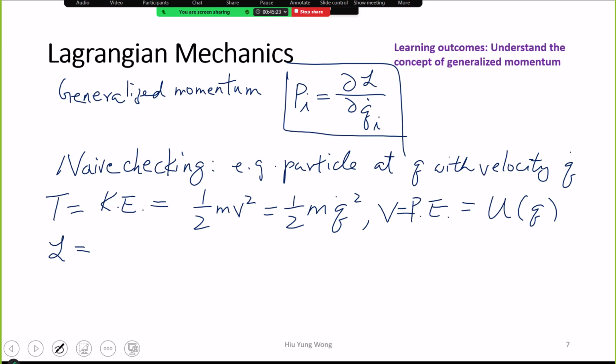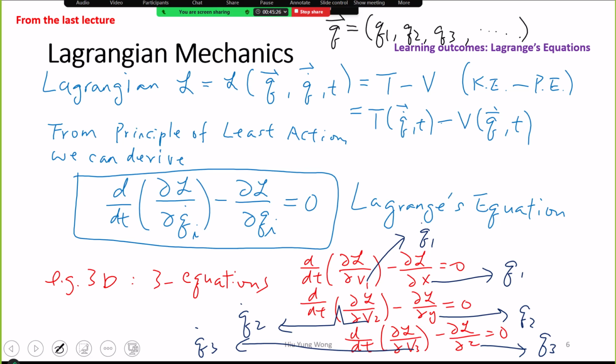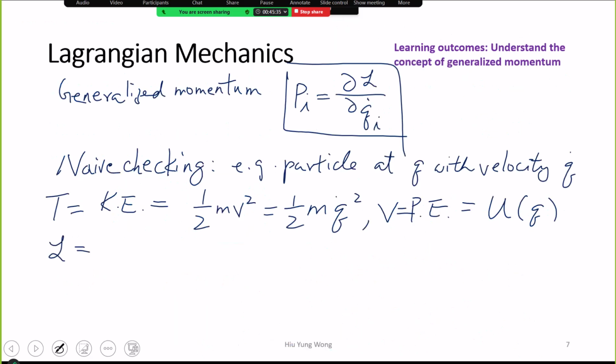The definition is T minus V. Do not ask why; we don't have time to ask why. Of course, you can go to a physics textbook to understand more. I don't know it well either, but just take it for granted. The definition is kinetic energy minus potential energy. So the Lagrangian is 1/2 m q dot squared minus U of q. This is very important: the kinetic energy only depends on the velocity, and the potential energy only depends on the position.